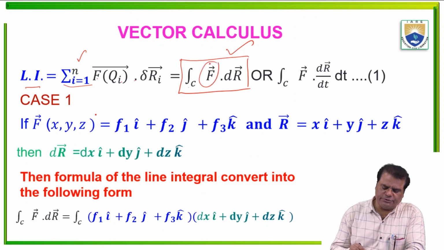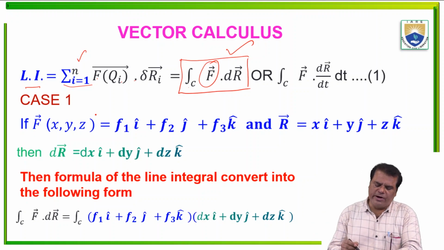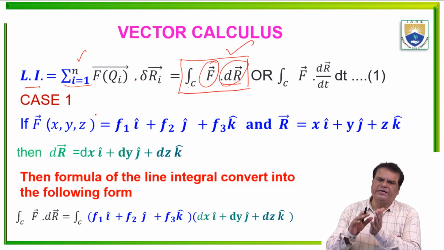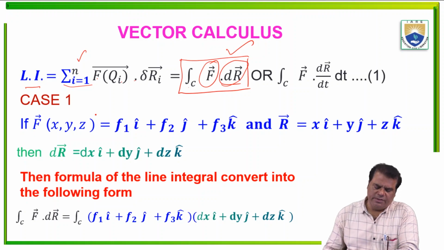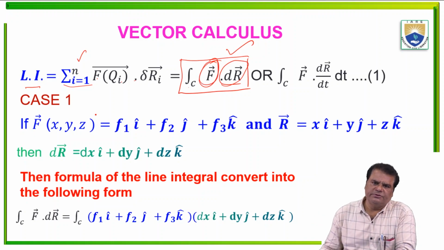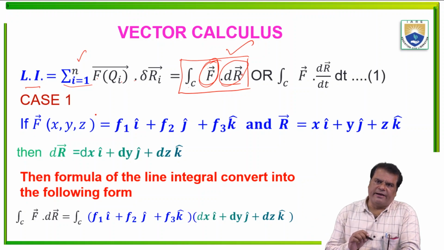This is force: force applied on a body, and the body is displaced from one point to another. The difference between two points is dr vector, the displacement in vector form, and f vector is the force applied on the body. After taking the dot product, f dot dr, we get the work done over the displacement between two points.